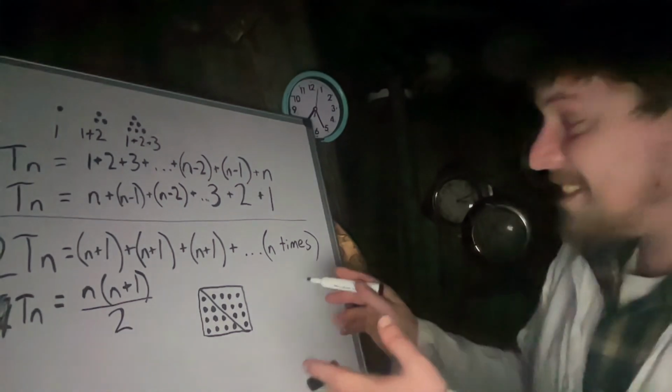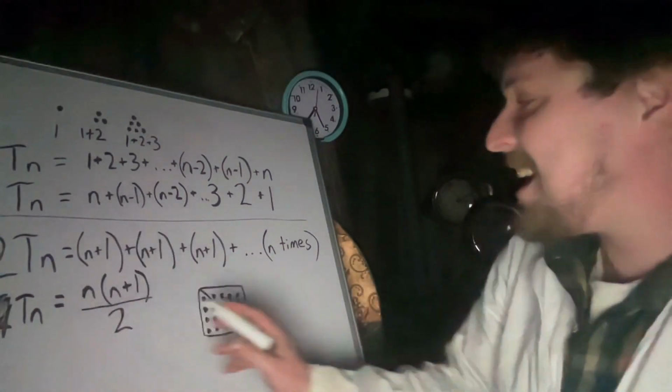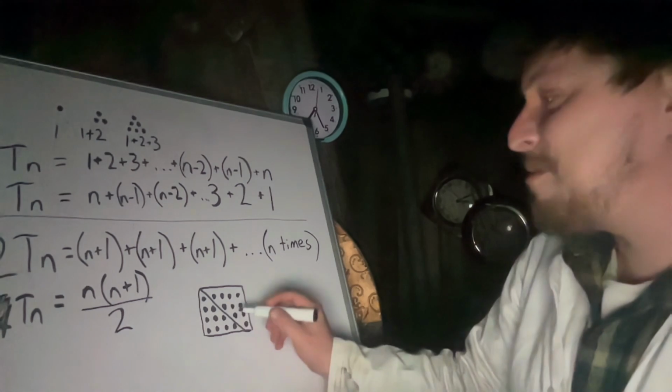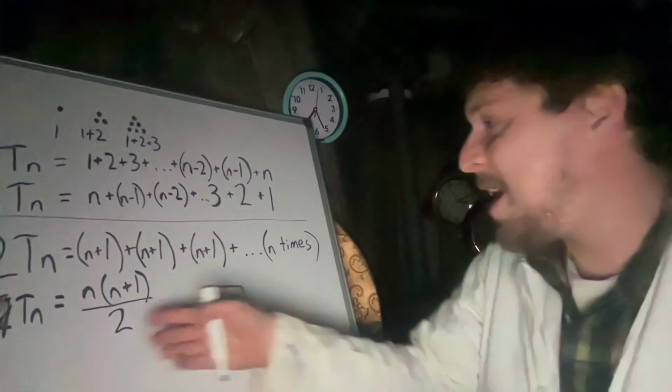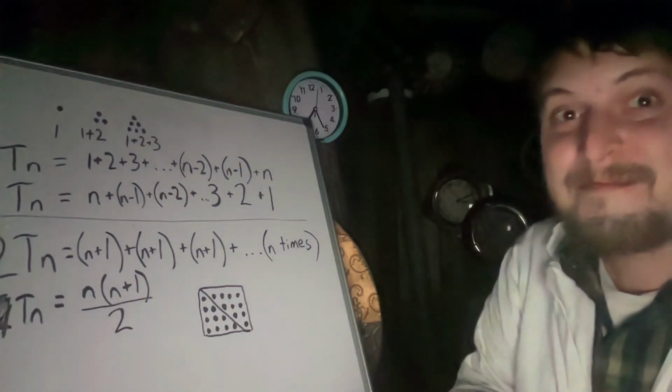And so, what does that tell us? That twice Tn equals n times n plus 1. And once again, dividing by 2 gets us that same thing.